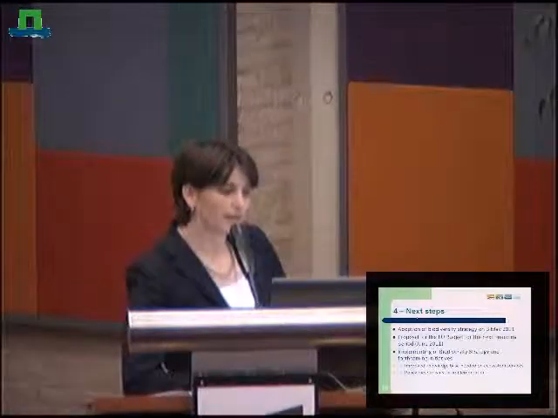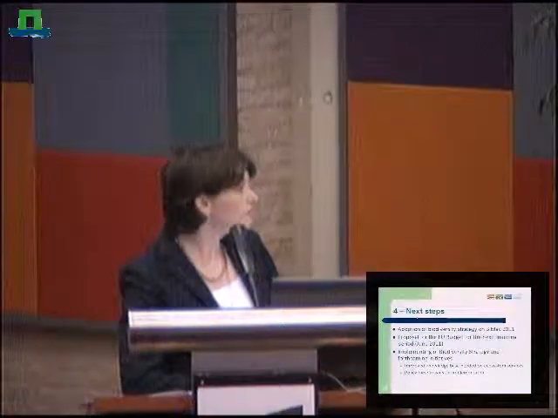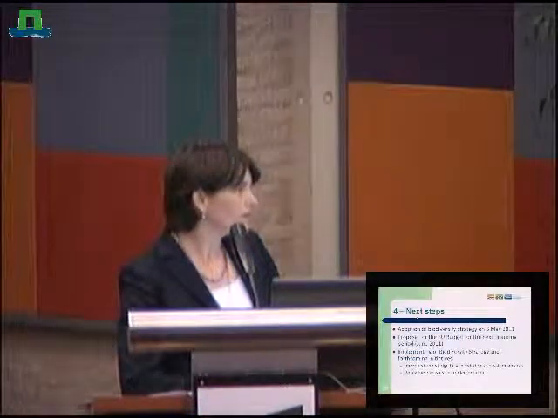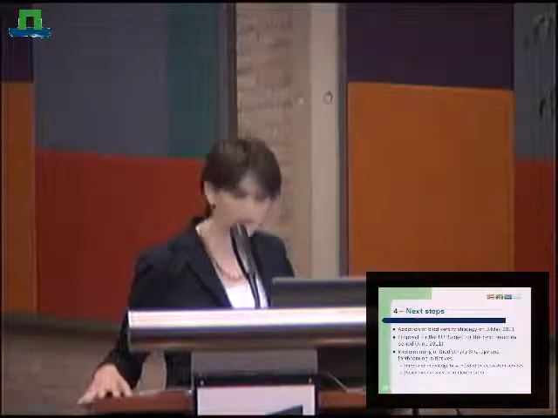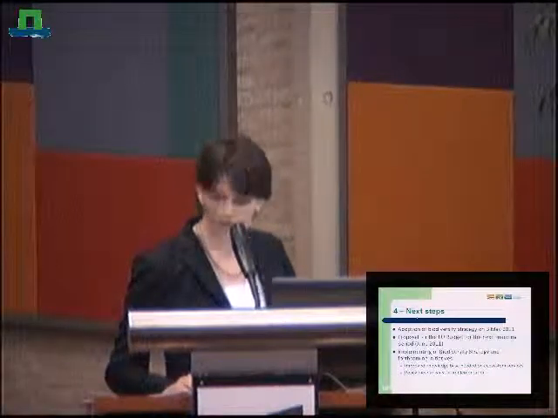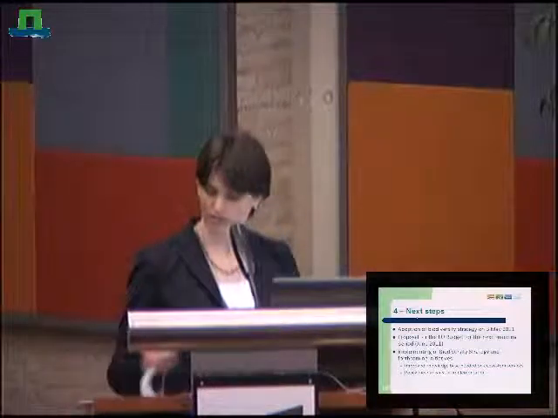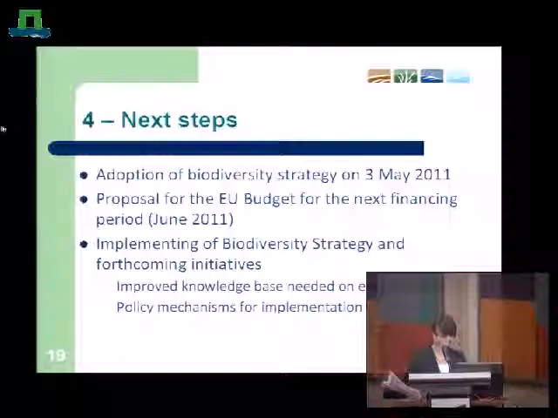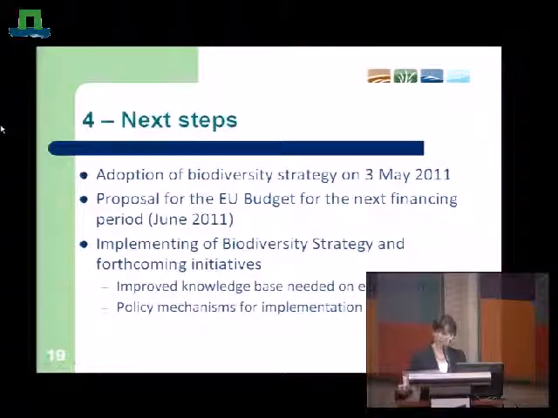And the next steps are really about improving the knowledge base on ecosystem services, and we had the first workshop on this in the EU, organized also by DG Environment, but also DG Research and Innovation, JRC, EEA, where we had very interesting discussions as to how we were going to implement the actions in the strategy.